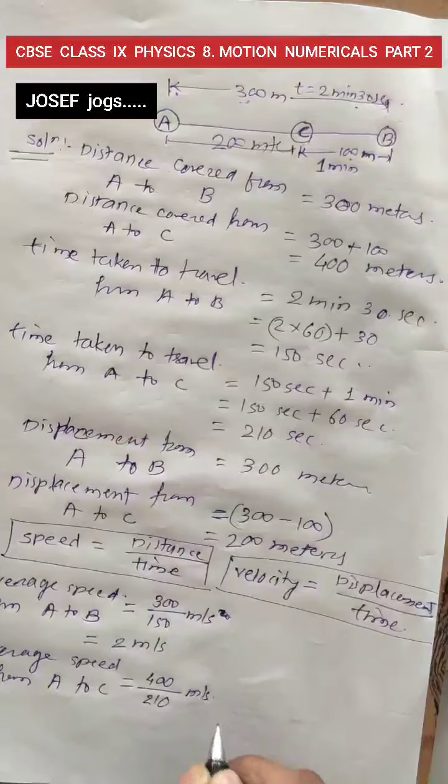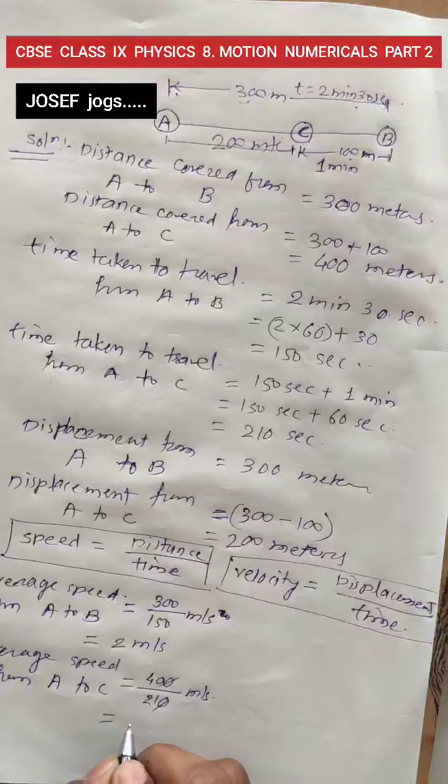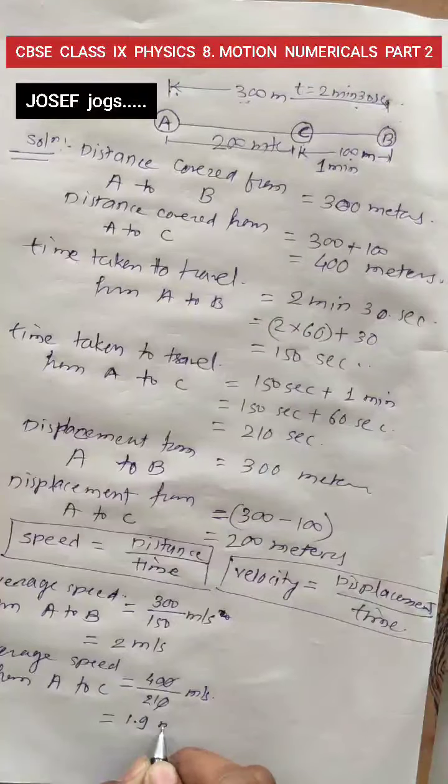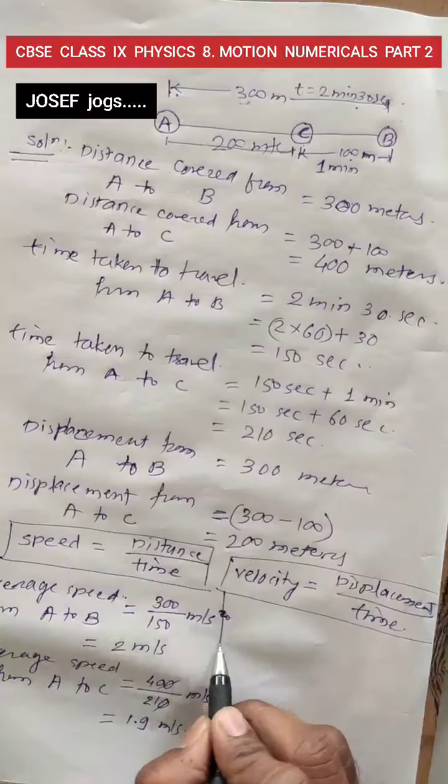After solving this, we get 1.9 meters per second. When you divide 40 by 21, we get the answer 1.9 meters per second. So it's the average speed.